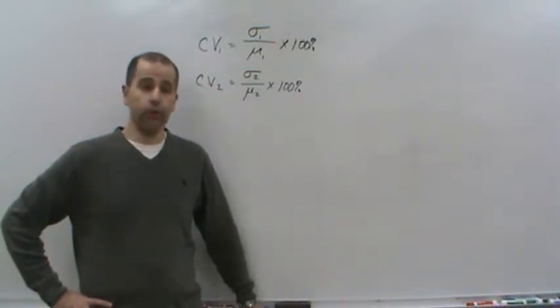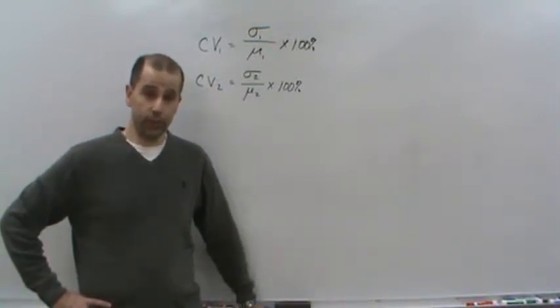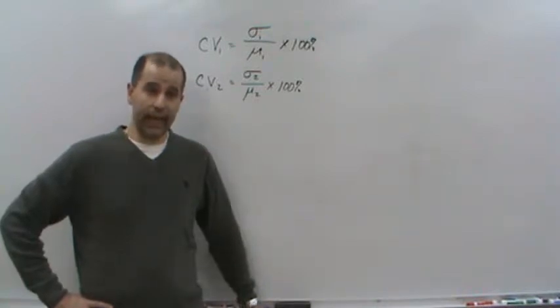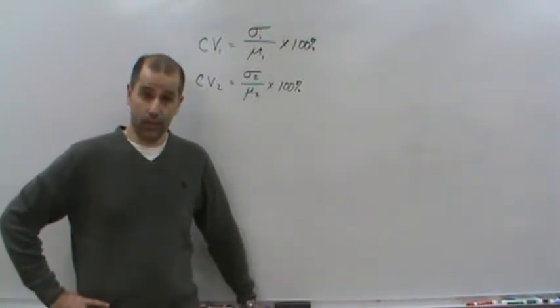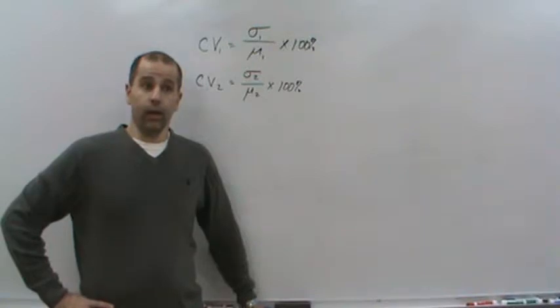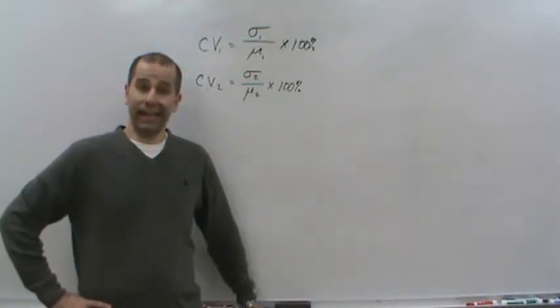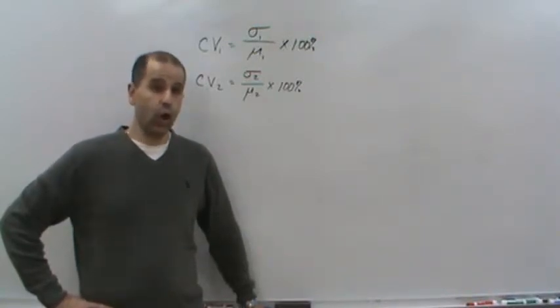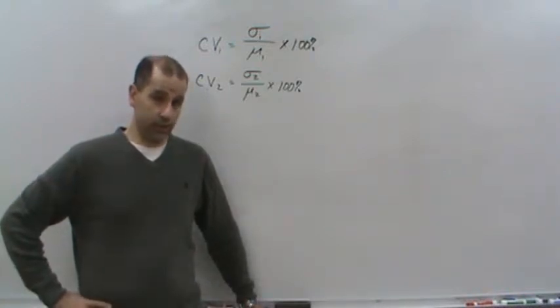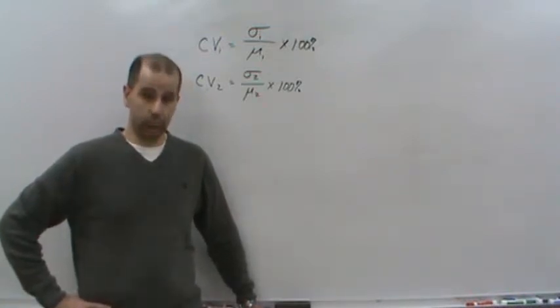The first general rule, really a theorem, is called Chebyshev's theorem. You can apply this theorem to any situation as long as you know the standard deviation and the mean.